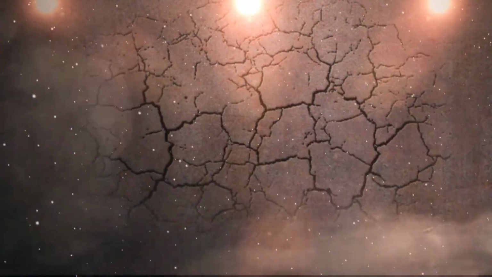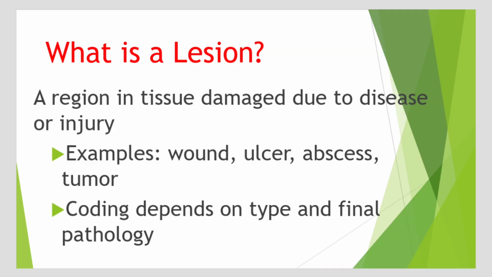Let's get started. First, we'll see the definition of a lesion. A lesion is an abnormal area in tissue or an organ caused by injury or disease such as wound, ulcer, abscess, or tumor.